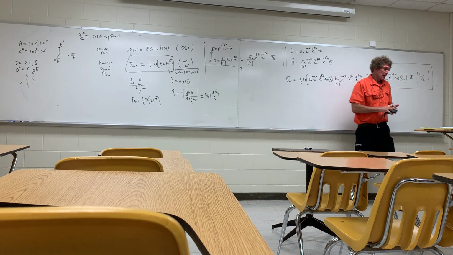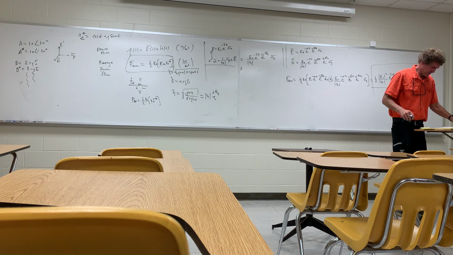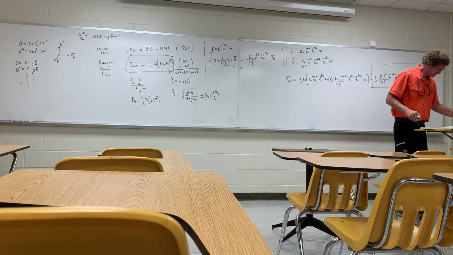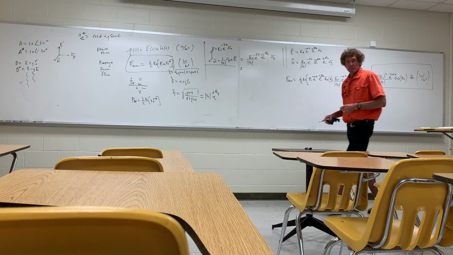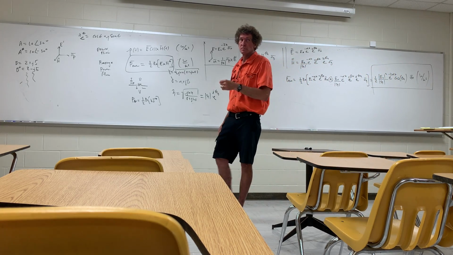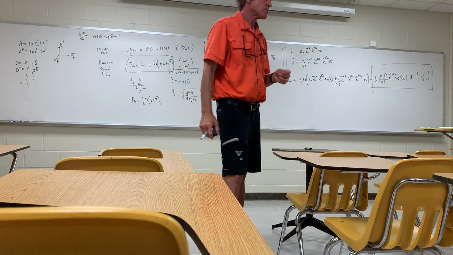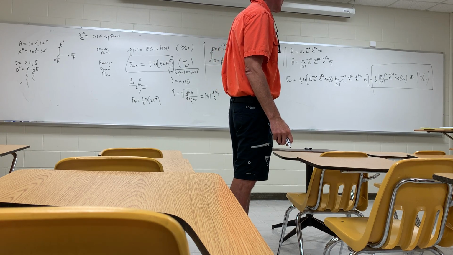Now, when we talk about power flow, I'm trying to do this the way he does it. On the average power equation, for the H field, how does the e to the imaginary beta z become positive?